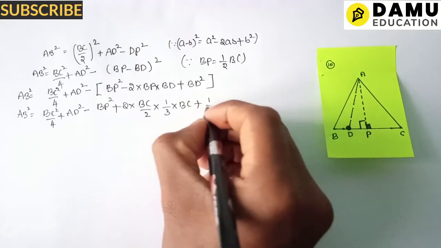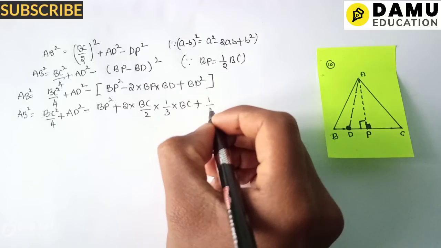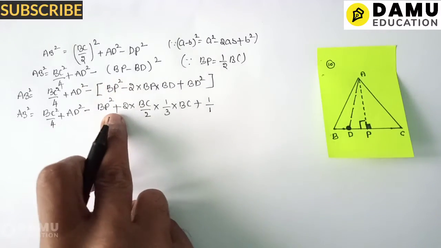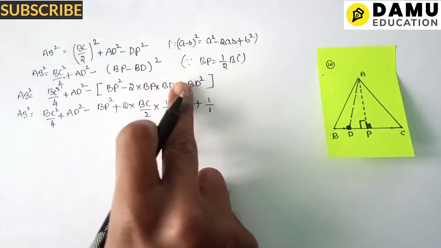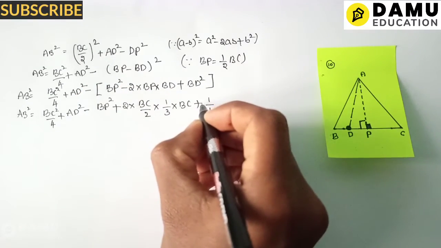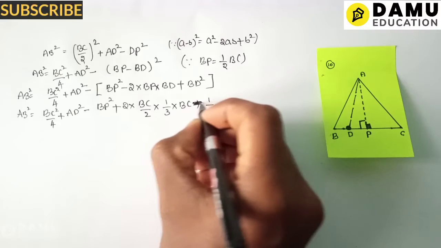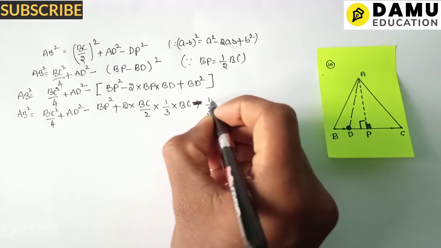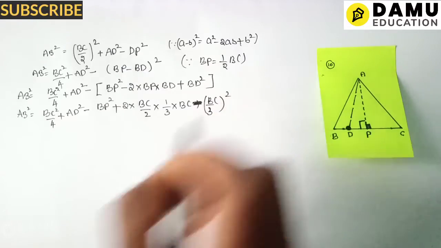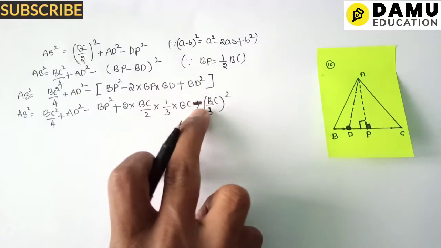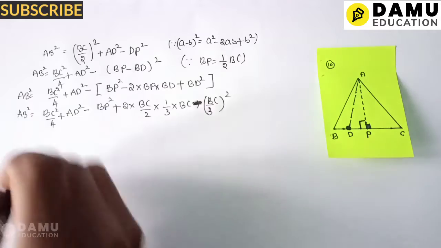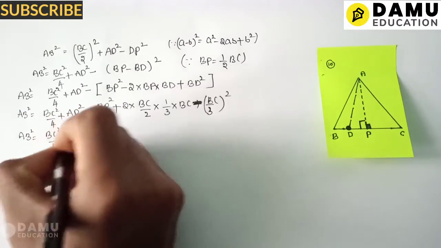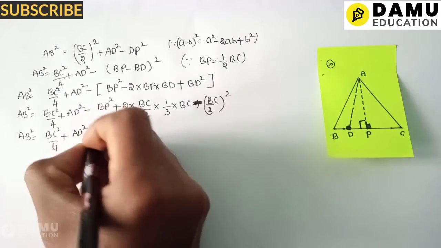So BD is 1 by 3. Minus into minus will become plus, and minus into plus will become minus. So minus into plus becomes minus 1 by 3rd of the BC whole square. Sorry for that.